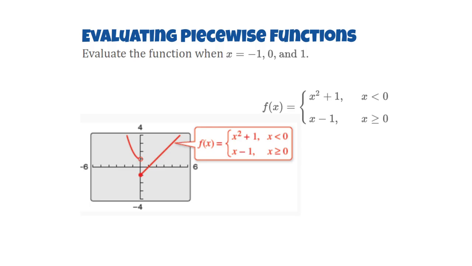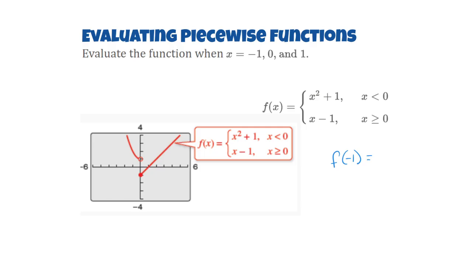Let's look at evaluating. You're looking at f of x, and they want to know what the function equals when x is -1, 0, and 1. Probably how you're going to see that written is something like this. They're going to say, what's f of -1? What that means is you're going to plug -1 in for x. You do not plug -1 in for both of these.